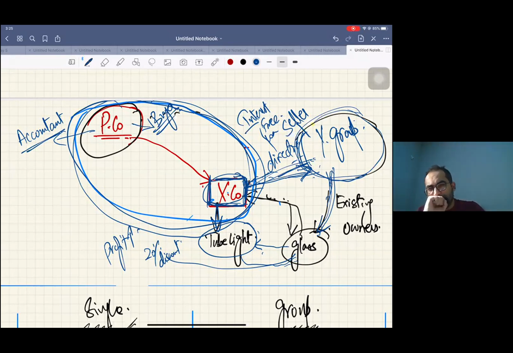One more thing, you need to check whether there are any cases or disputes or obligations on this X company, so you need to settle them before the takeover. You need to check all the court cases and whether this X company has any obligation or not. So my dear student, takeover is not an easy decision.